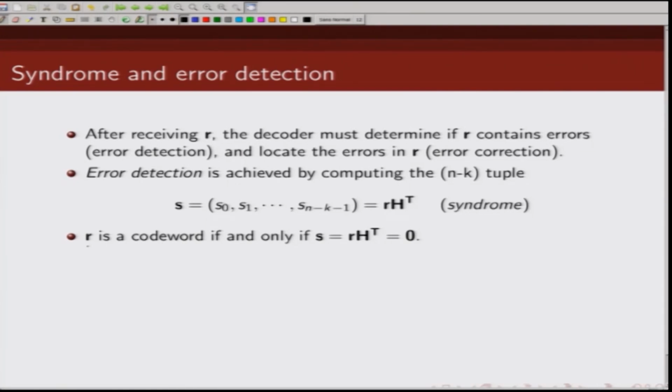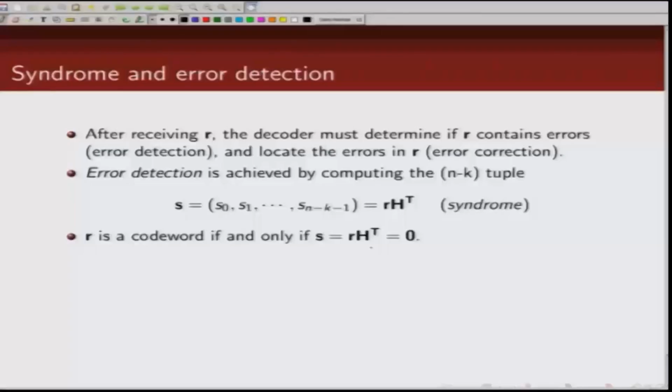So, R is a code word if and only if the syndrome is 0. This is easy to check, because we know that if V is a valid code word, then V H transpose will be 0.